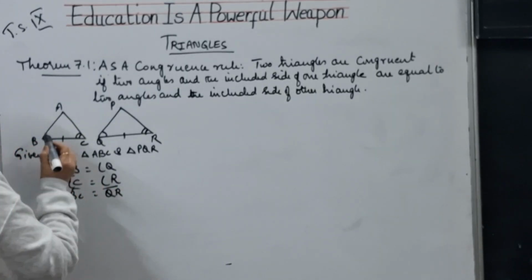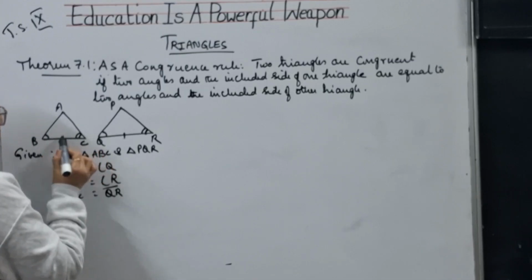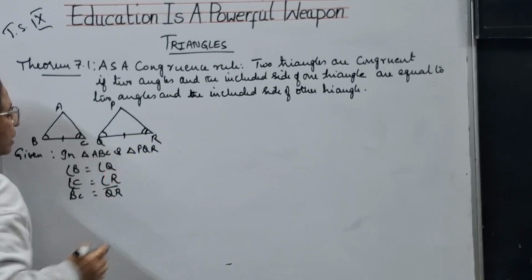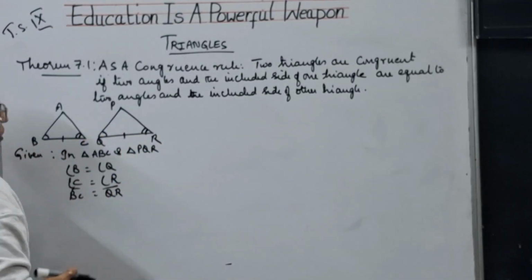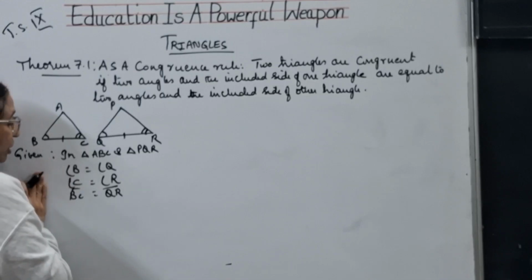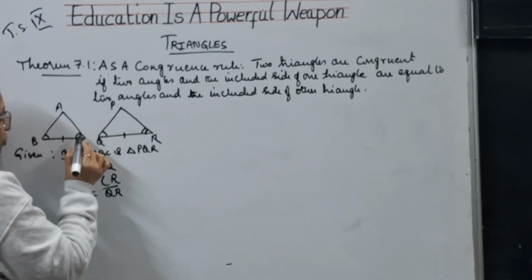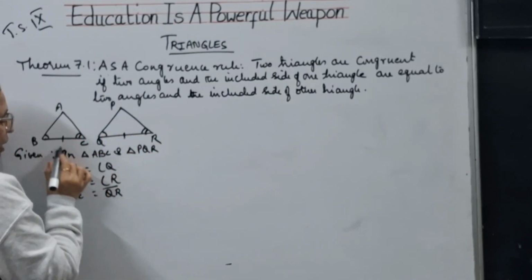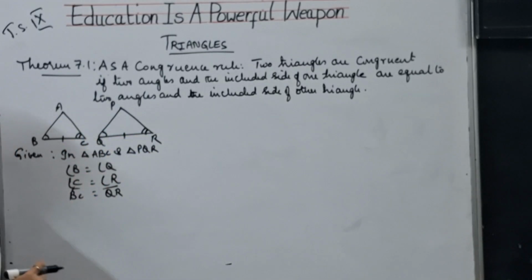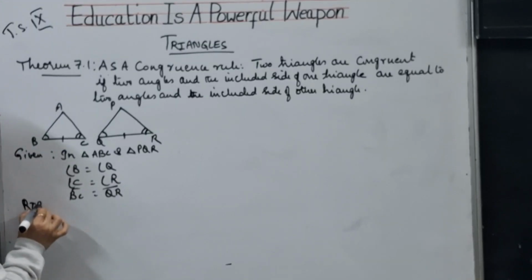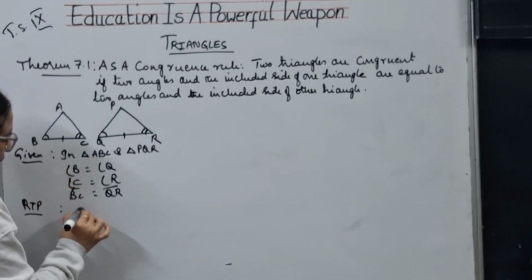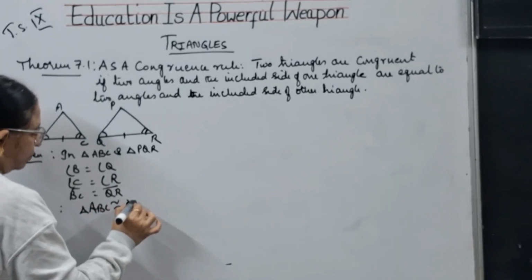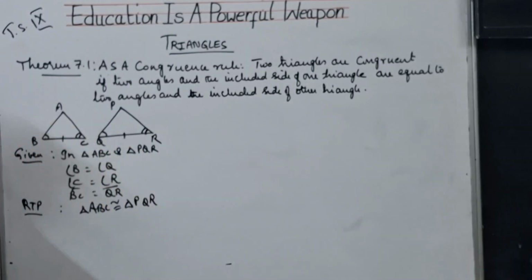If in two triangles a pair of angles and the included side are equal to those of the other triangle, then the two triangles are congruent. This is the statement. So in this, what is given? Angle B is equal to angle Q, angle C is equal to angle R, a pair of angles are equal, and BC is equal to QR, their included side is equal. What do we need to prove? RTP: we have to prove that triangle ABC is congruent to triangle PQR.